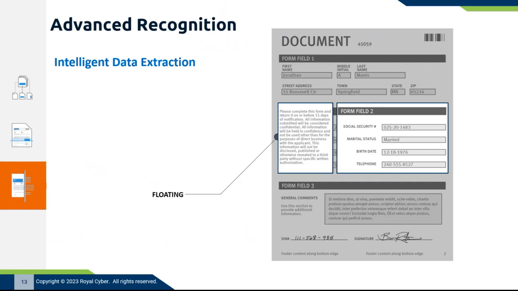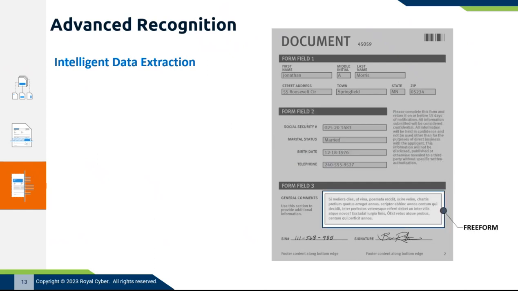Okay, but when it comes to unstructured data like this, if you want to read anything out of it, then we have to use the freeform extraction. For freeform extraction, we want to understand what data we are trying to capture and what the format of the data is. For example, is it a phone number?